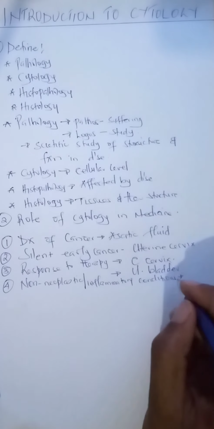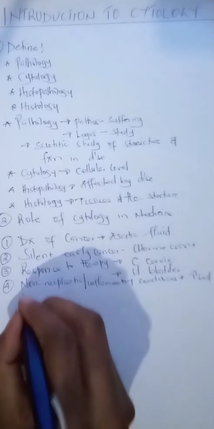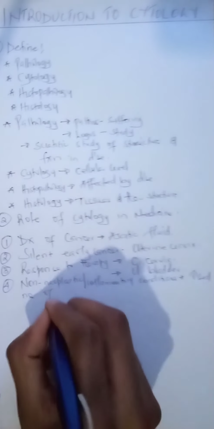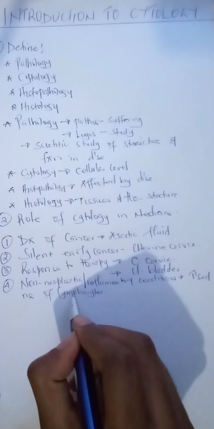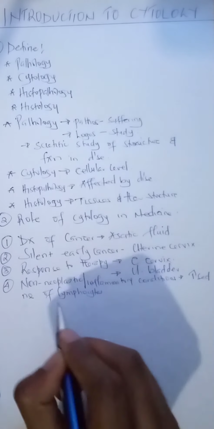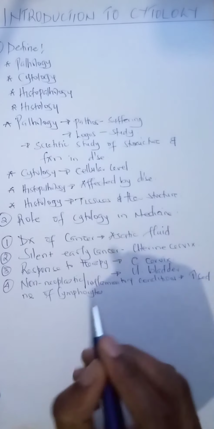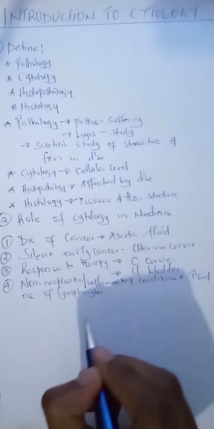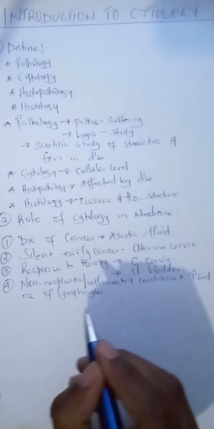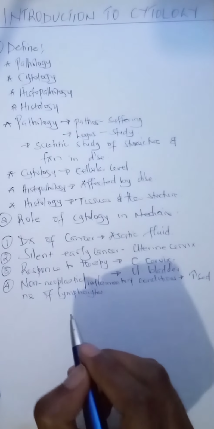Hashimoto thyroiditis is evidenced by increased number of lymphocytes. So, non-neoplastic or inflammatory conditions. Non-neoplastic is a non-cancerous condition, but cytology can help us to detect such conditions. For example, in Hashimoto's thyroiditis, we are going to see an increased number of lymphocytes.